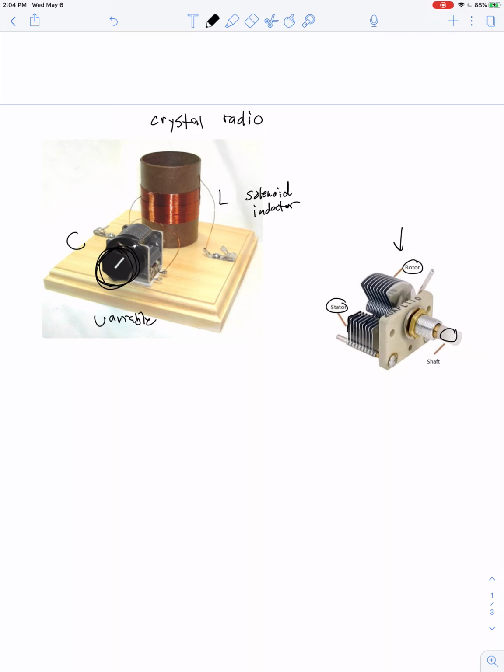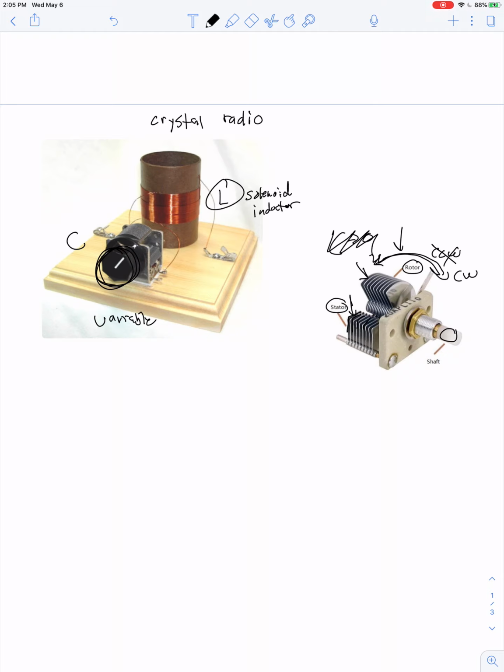And then the rotor is attached to the shaft that you turn, and if you turn it as far as you can in the counterclockwise direction, then the surface area of the metal plates in the stator and those of the rotor don't face each other, and the capacitance then approaches zero. If you instead turn it in a clockwise direction, then all the metal plates face each other, and you're essentially making a variable parallel plate capacitor, and the capacitance goes up as you turn the knob to the right.